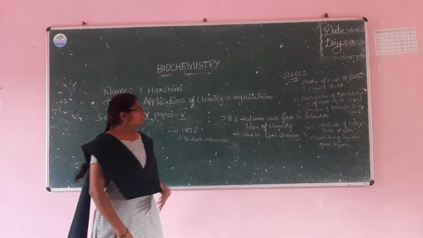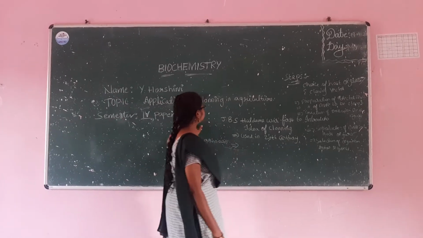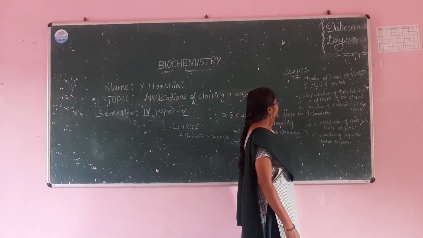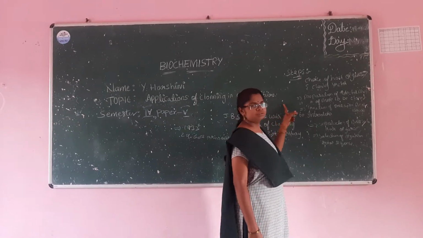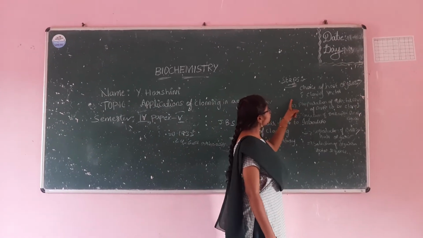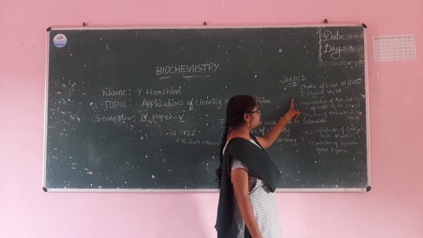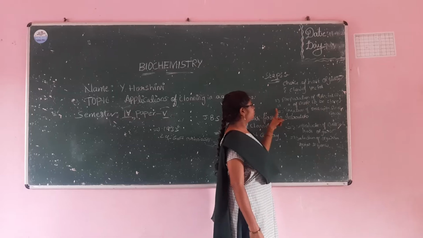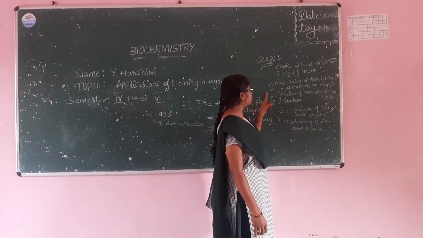So, in the applications of cloning in agriculture, they have used these steps. They include four steps: choice of host organism and cloning vector, preparation of vector DNA, and preparation of the DNA to be cloned.